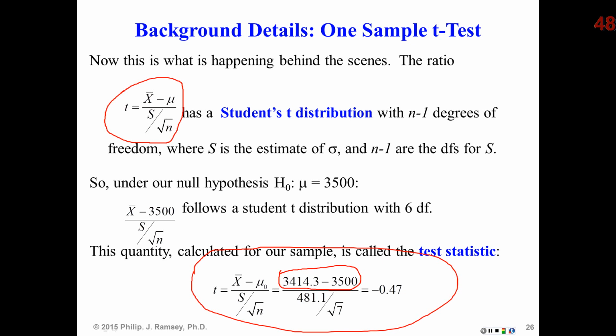But once again, remember the sample average, 3,414.3, is a statistic. So I can't just look at the arithmetic difference and make a decision, because x bar is a random variable. I know that every time I got a new sample, I'd get a new average, and that distance would change.